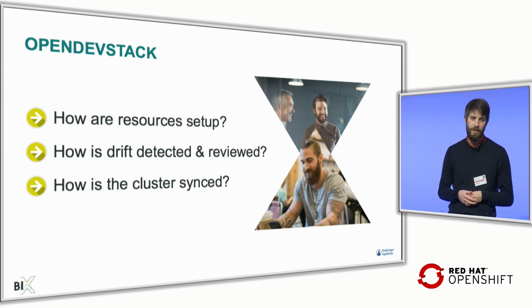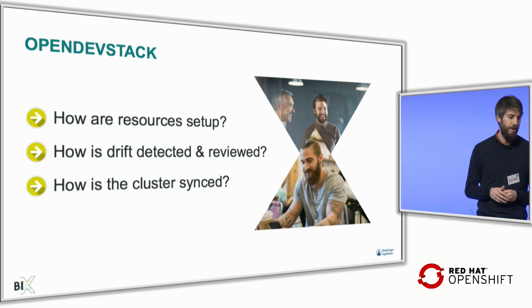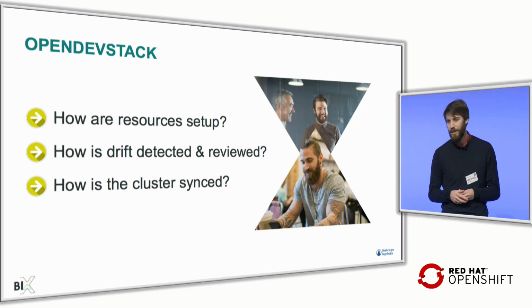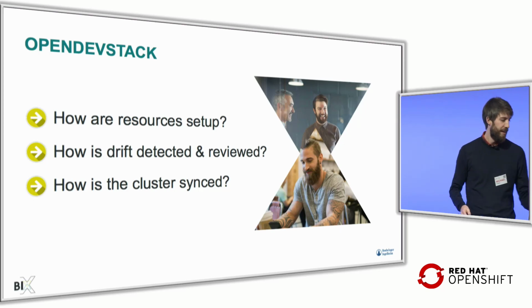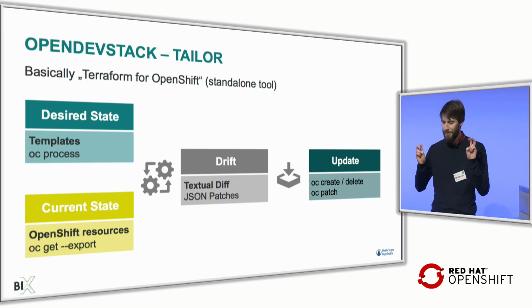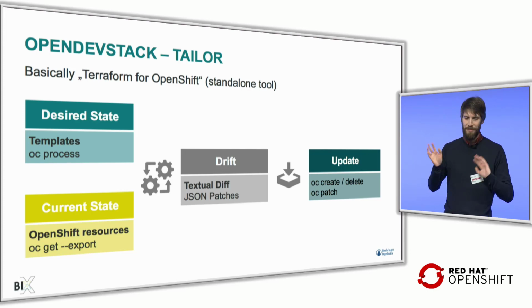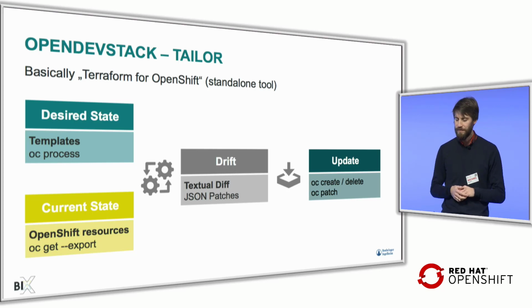It's still based on the OpenShift templates, and that is very low entry, basically. So we developed a small tool on top of the OC commands, which does that. I call this basically a Terraform for OpenShift. I guess most people know Terraform. Of course, Terraform has a lot of providers.